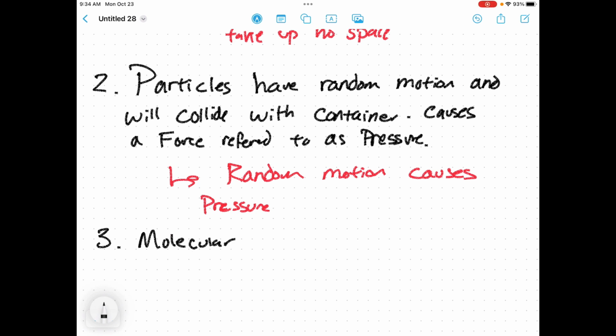So essentially, molecular collisions are perfectly elastic.